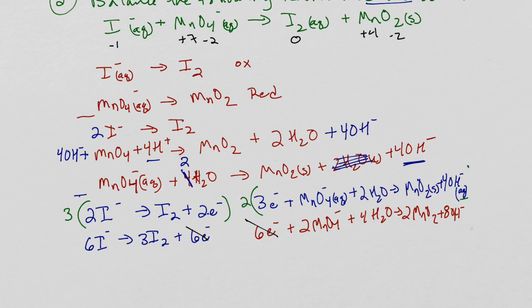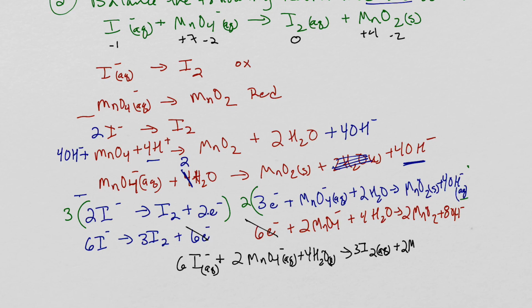So if I look at my reactant side, I have 6I minus aqueous plus 2 MnO4 minus aqueous plus 4 waters goes to, on the product side, 3I2 aqueous plus 2 MnO2 solid plus 8 OH minuses aqueous.